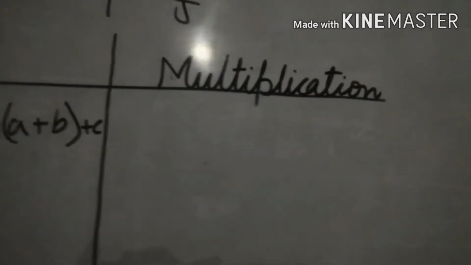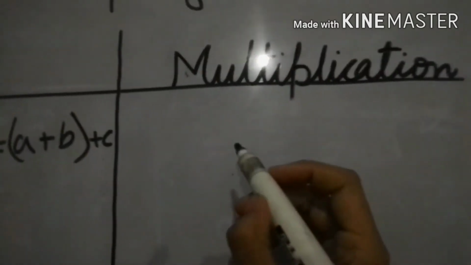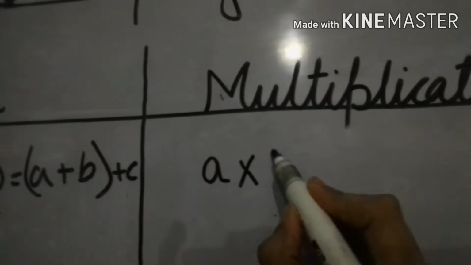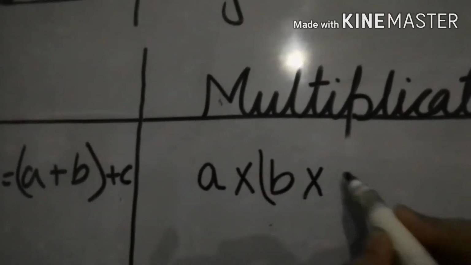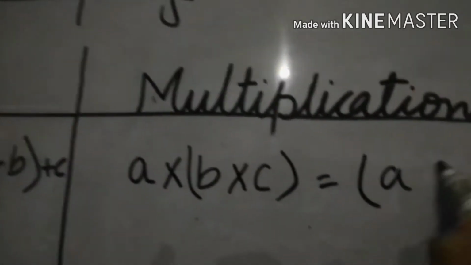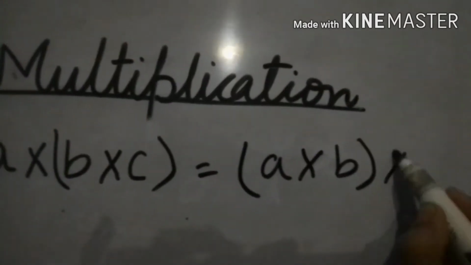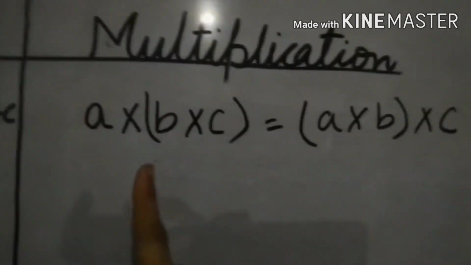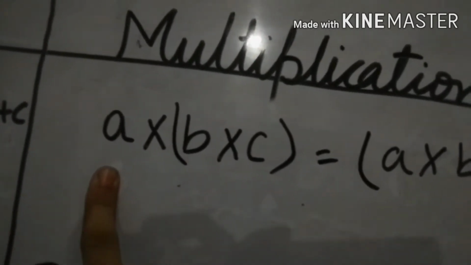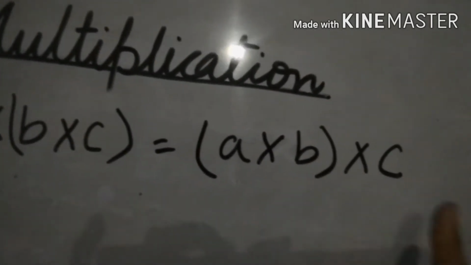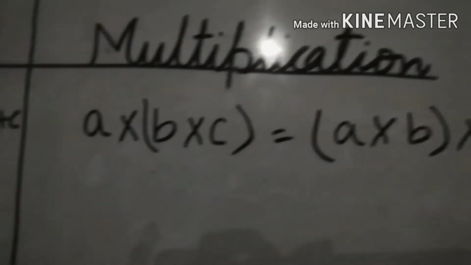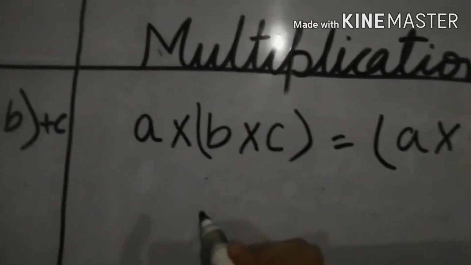Now we came to the multiplication. Same procedure is in the multiplication. Whether we multiply A by the product of B multiplied by C, or the product of A multiplied by B multiplied by C, the answer of the both sides will be the same.